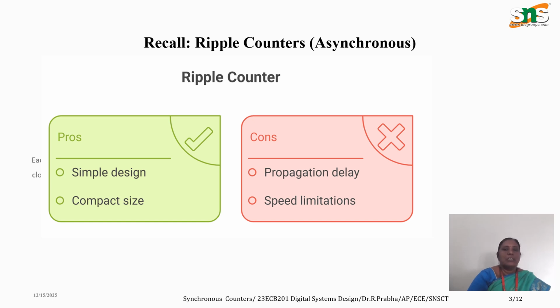The limitation is due to this ripple operation: because of cascading of the clock signal from output to the next flip-flop, a propagation delay occurs, and this limits the speed. So the ripple counter is suitable for only low speed applications, and for high frequency and high speed applications we need another circuit called synchronous counters.